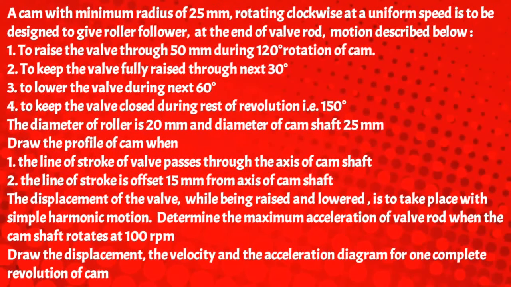The displacement of the wall while being raised and lowered is to take place with simple harmonic motion. Determine the maximum acceleration of the wall rod when the camshaft rotates at 100 rpm. Draw the displacement, velocity and acceleration diagrams for one complete revolution of the cam. So this was the given question.